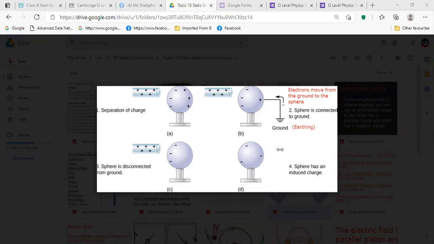Yeah, say. Sir, maybe instead of the positively charged rod, we use something negative. Yes, yes. That is the first thing. Then what will happen if you are bringing a negatively charged rod here? Then what will happen?